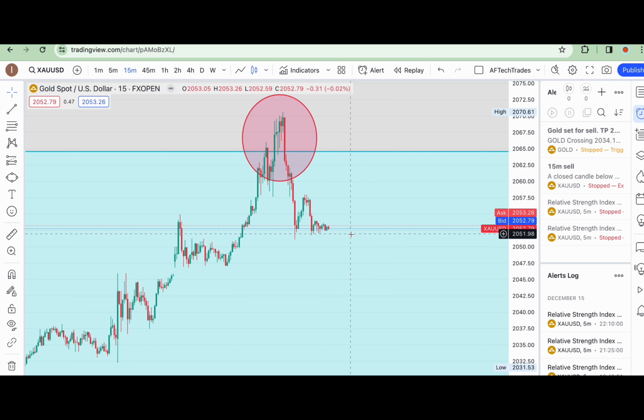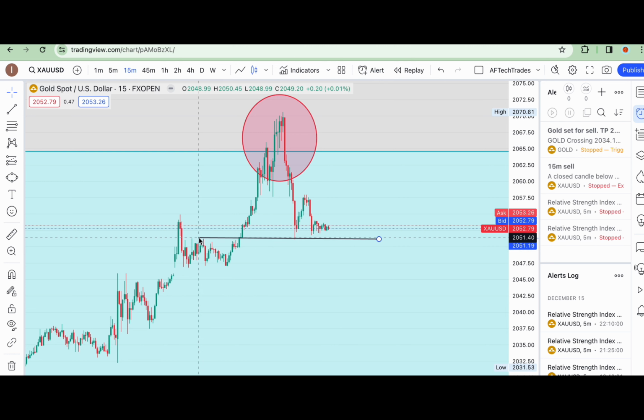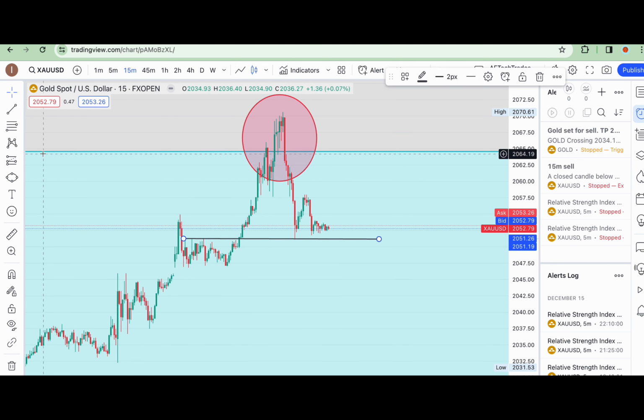There is a consolidation. So my market entry would be in the 15-minute time frame. Once it breaks this zone, then I would take my market. Yes, this is the region to break in the 15-minute time frame.